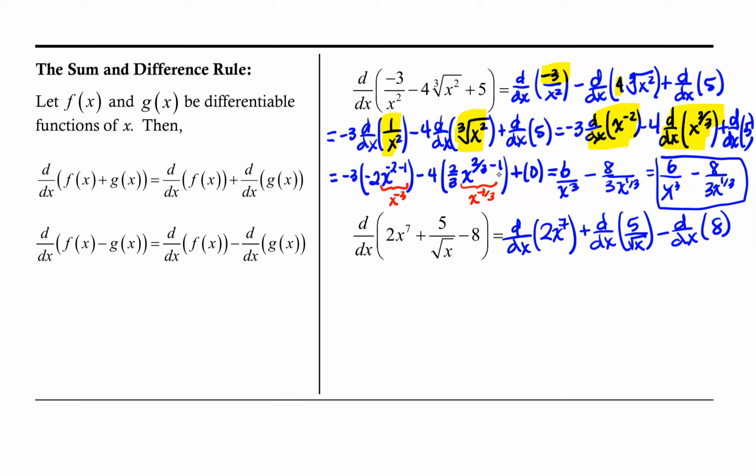Next, we will apply the constant multiple rule for the 2x to the 7th derivative and the 5 over the square root of x derivative. So, applying the constant multiple rule, we get 2 times the derivative of x to the 7th power plus 5 times the derivative of 1 over square root of x minus the derivative of 8.